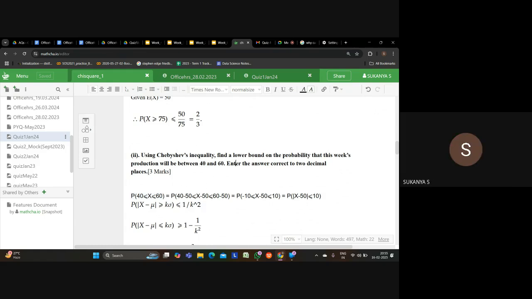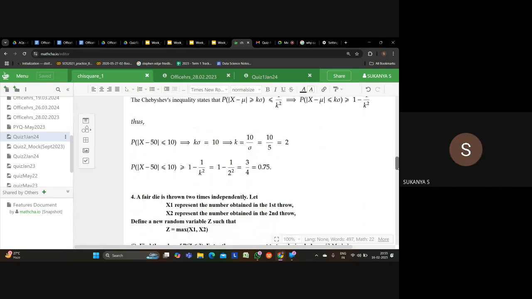We have the Chebyshev inequality as x minus expectation of x; this mu is the expected value of x. Since it is in this form, we need to make our probability also in this form. Only then can we use it to solve. That is why we are taking it as x minus mu.